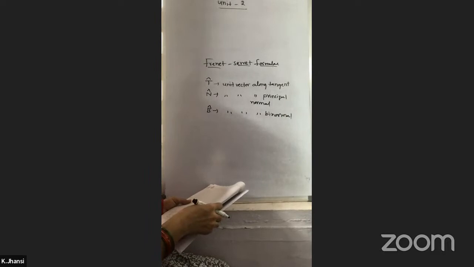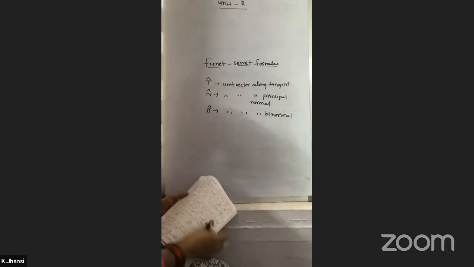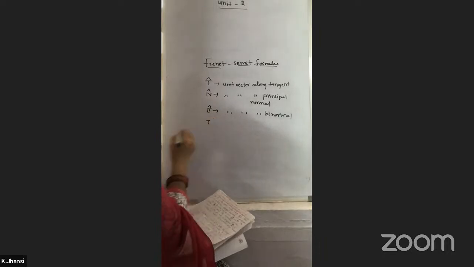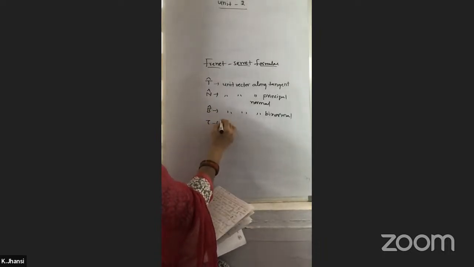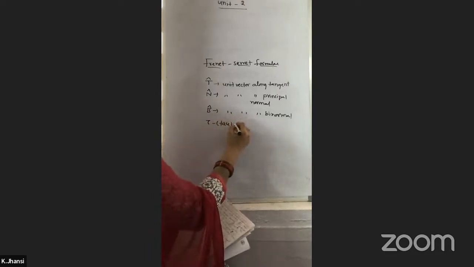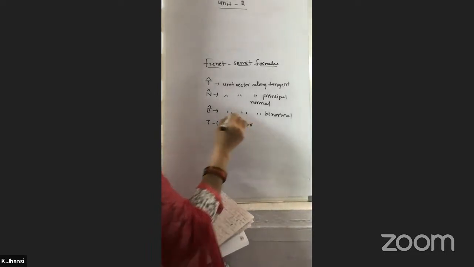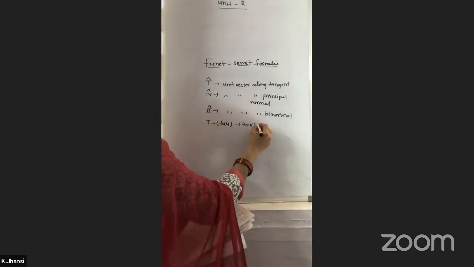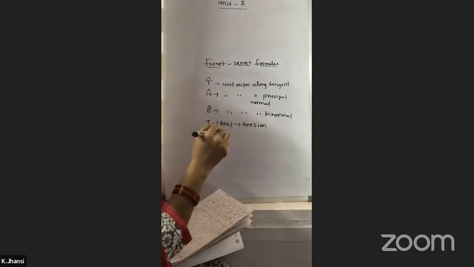And here we use some symbols. This is tau, you call it as tau. This is called torsion.